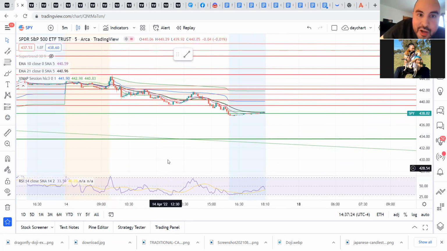But get in there, draw lines, support, resistance. You can make the lines green for support, red for resistance. A line of support is where there's obviously a lot of buying, a lot of buyers, whereas a line of resistance, you're getting a lot of sell action there.